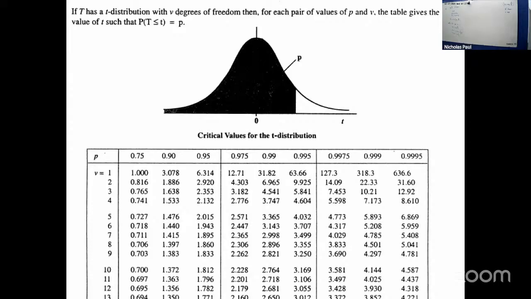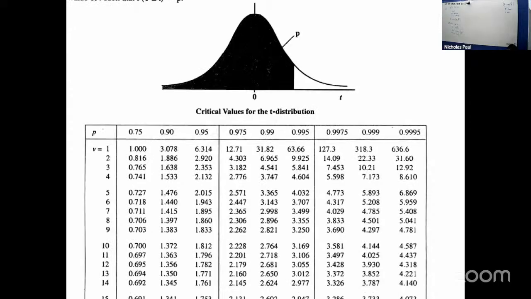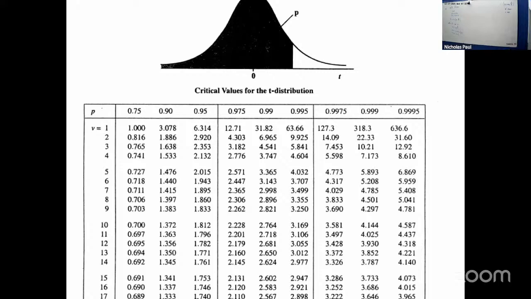If you look at the V, that's the outermost left hand column. You will see V is 1, V is 2, V is 3, V is 4. And based on the probability you're reading off, let's just say you're reading off 0.9, you look for where 0.9 coincides with V is 4. And that'll be a T value, 1.533.